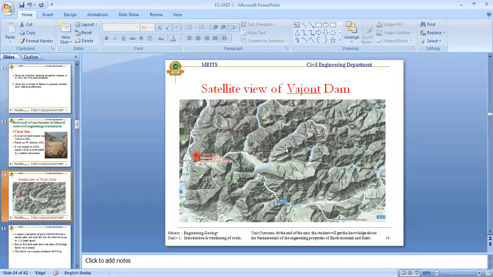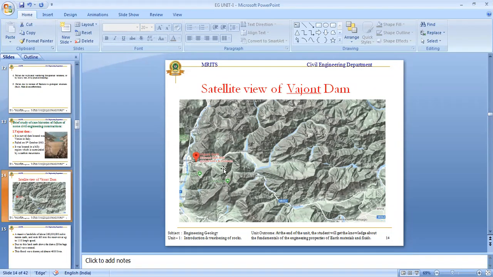Here all the mountains are there, so the rivers will be accumulating here. It is the place where four tributaries are going to join. In this place what happens, the landslides. The mountain is going to collapse suddenly, and the water which is present there is going to be rushed towards the Vajont dam.